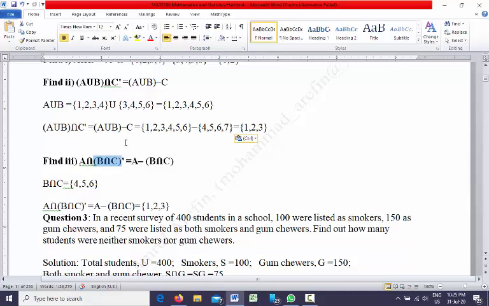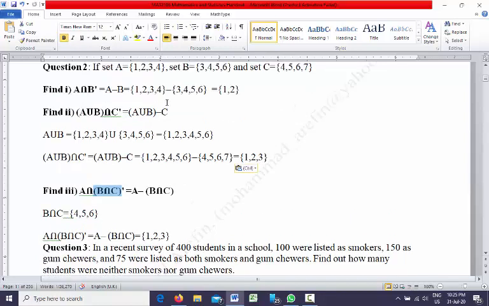So first of all we need to find out B intersection C prime. This is set B. Intersection. This is C.